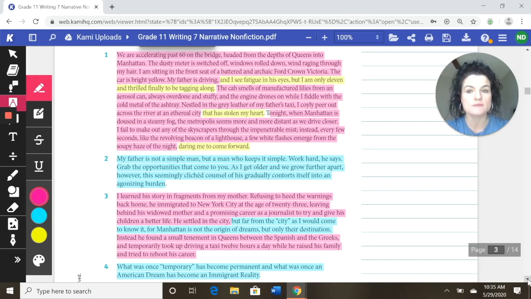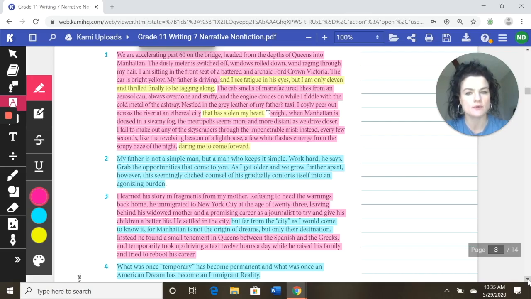Tonight, when Manhattan is doused in a steamy fog, the metropolis seems more and more distant as we drive closer. I fail to make out any of the skyscrapers through the impenetrable mist. Instead, every few seconds, like the revolving beacon of a lighthouse, a few white flashes emerge from the soupy haze of the night, daring me to come through.